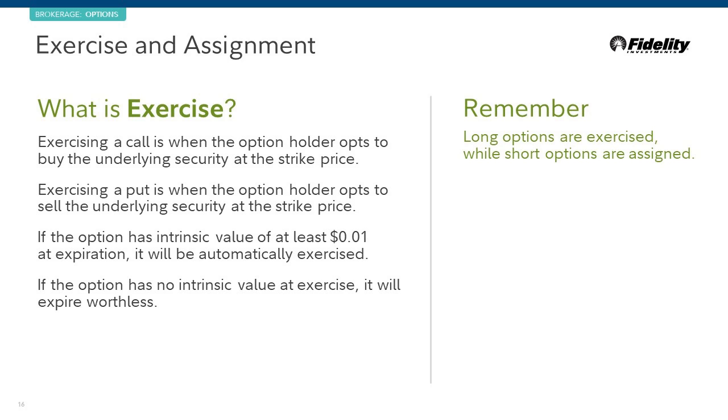Generally, not very many options are exercised before expiration. Most traders will, of course, trade out of the option. It really only makes sense to exercise an option if it is in the money, if it has intrinsic value. Options that don't have intrinsic value, that are out of the money at expiration, are typically left to expire, and they expire worthless.